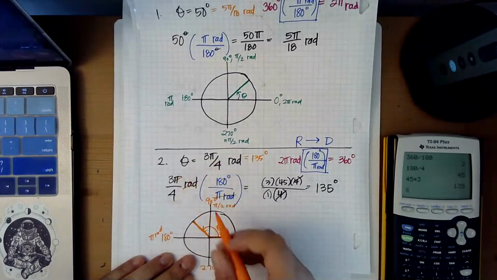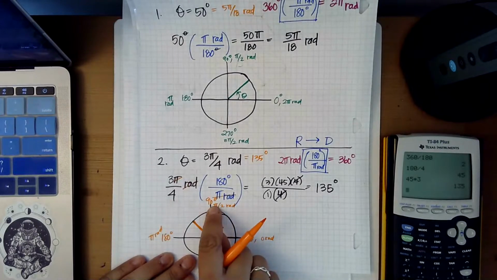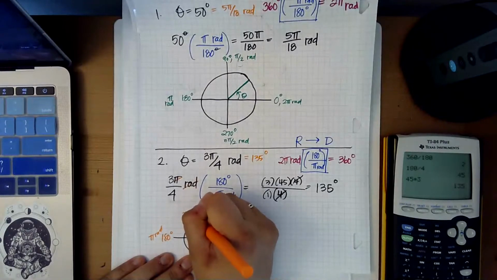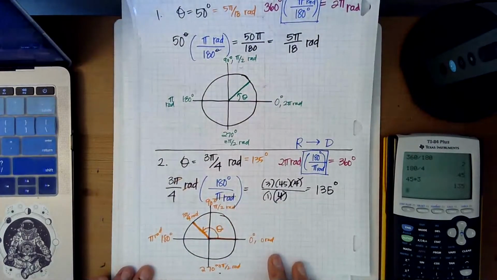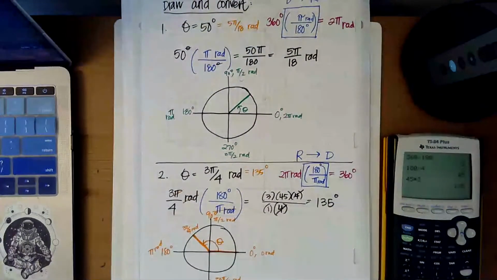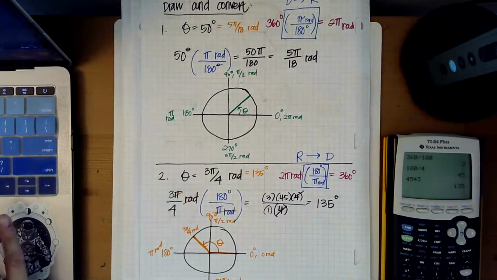What did we say? It was 3 pi over 4. So this is 1 pi over 4, 2 pi over 4, 3 pi over 4. Okay? That's all I want you to see, is that I'm able now to convert from degrees to radians, and I'm able to draw out that theta. I hope you enjoyed. May the 4th be with you, everybody.